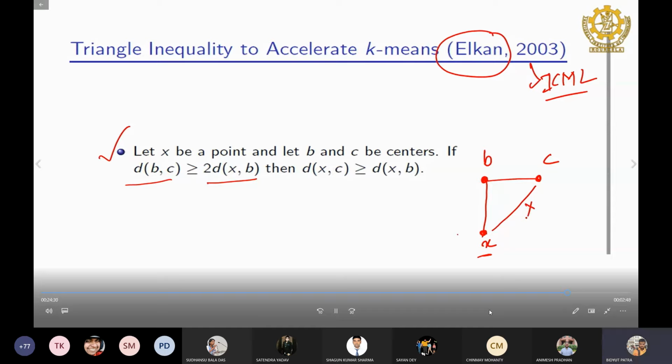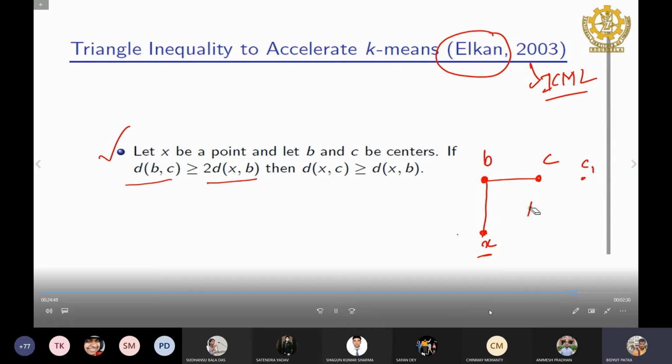If we can avoid it, then for other centroids too, say C1 and so on, we can avoid those computations similarly. In that way, we can reduce the number of distance computations in k-means.